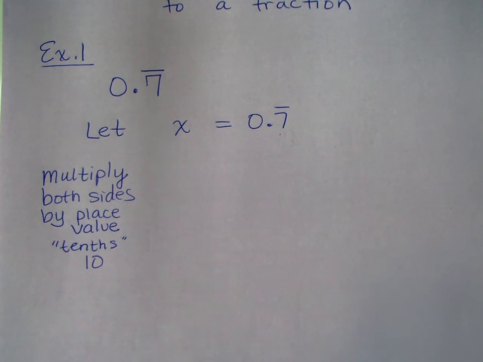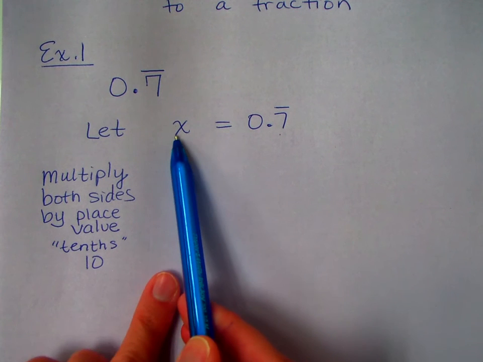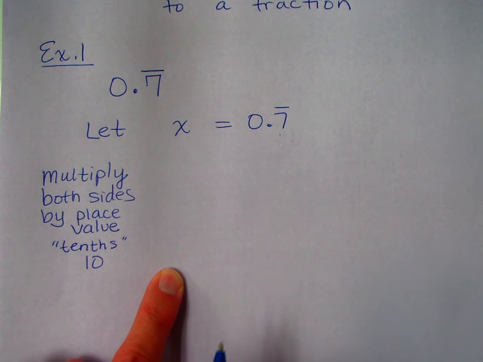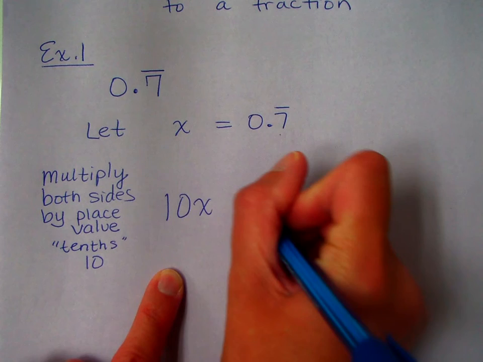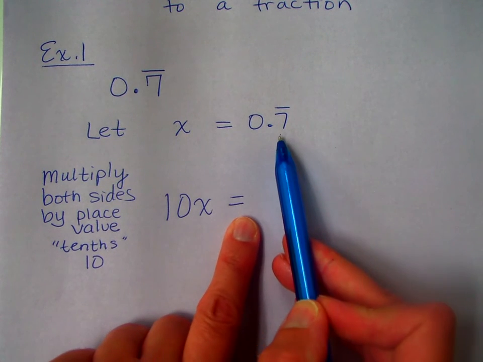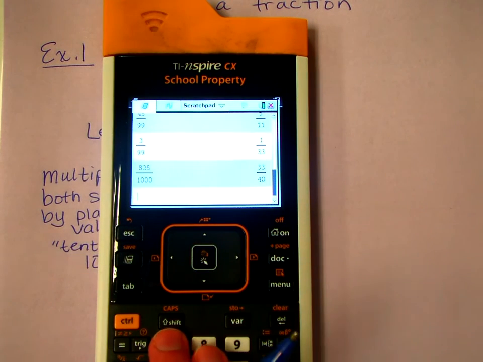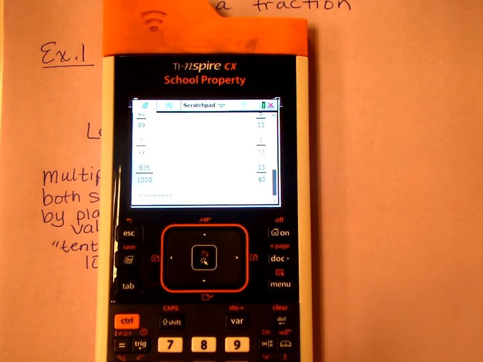And you guys have also been working on equations, right? As long as I multiply both sides by the same thing, it keeps it balanced. So what is 10 times x? 10x. If I multiply 10 on this side, so think about if I had my 0.7 repeating, and I'm going to multiply it by 10, what ended up happening?